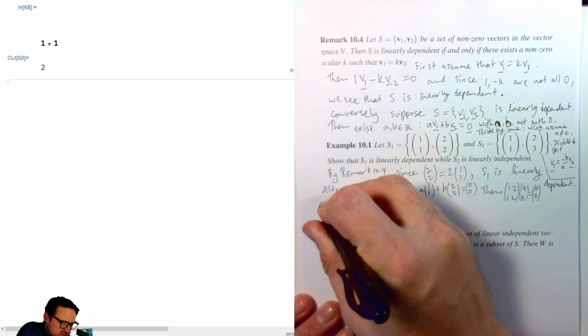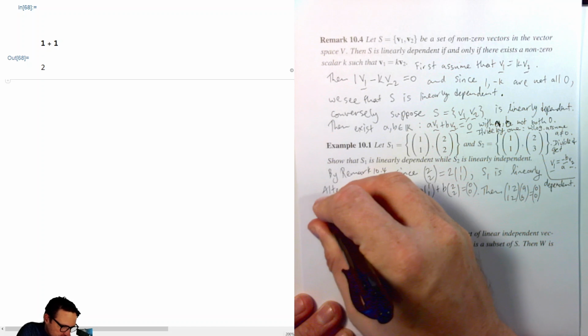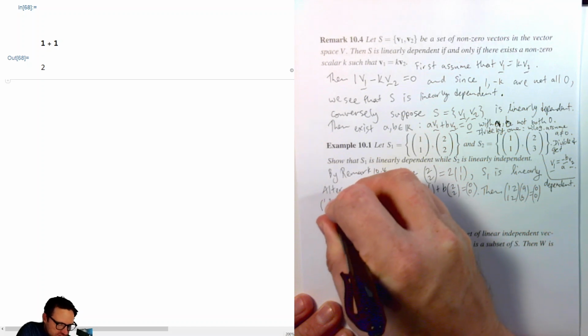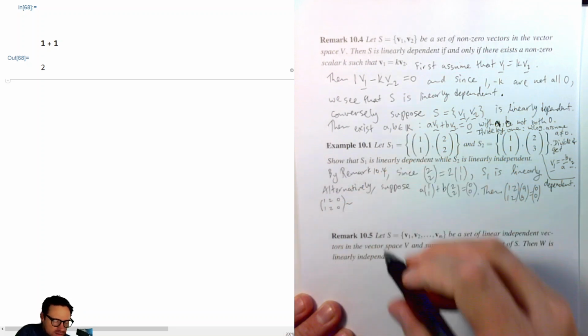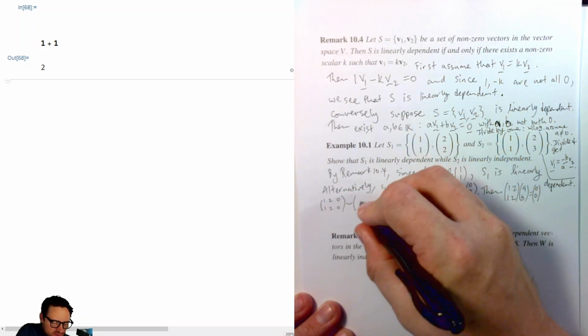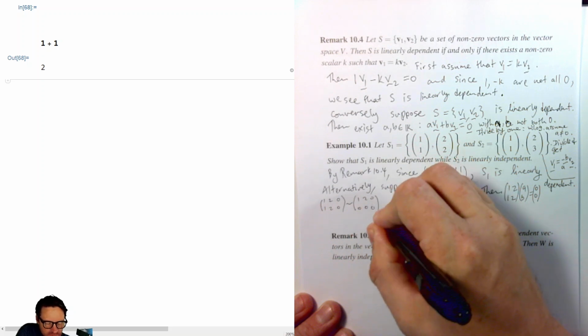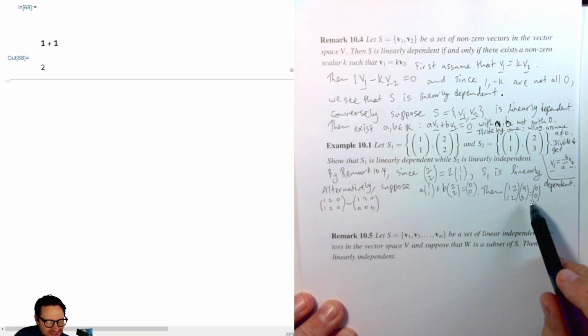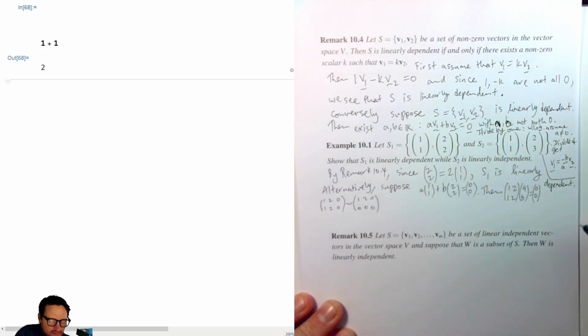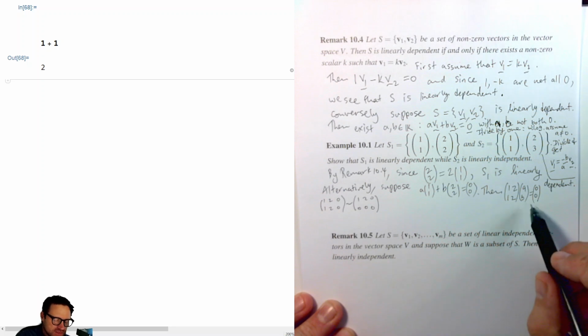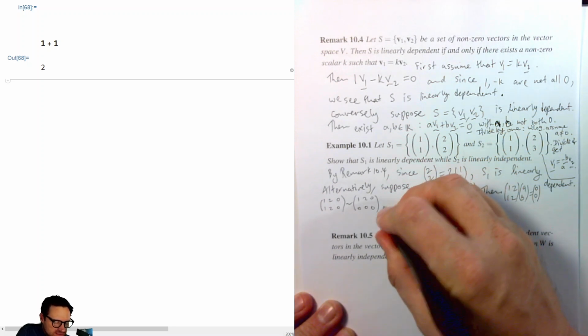So the augmented matrix, this matrix [1 2 | 0; 1 2 | 0], has row reduced echelon form [1 2 | 0; 0 0 | 0]. And so that tells you that you can write b in terms of a and parameterize the solution to this equation. All right, so let's do that.